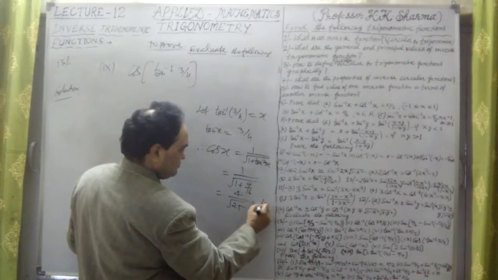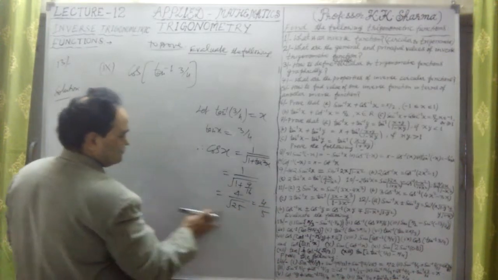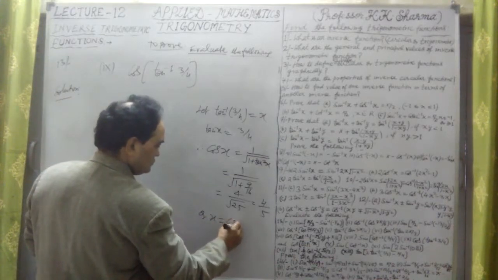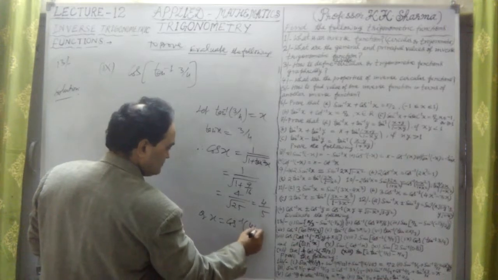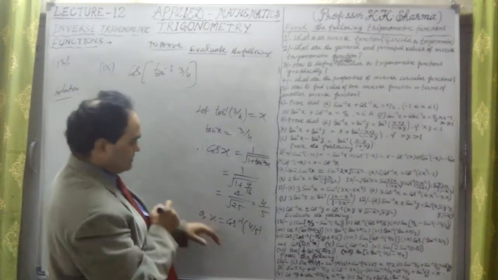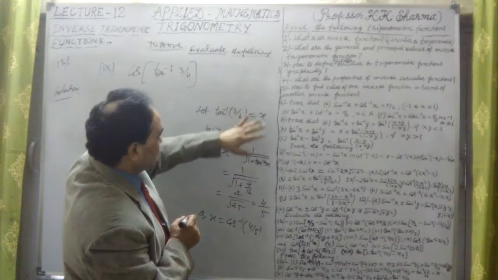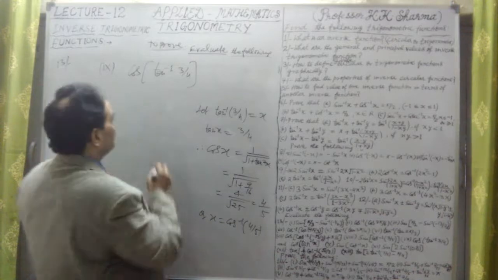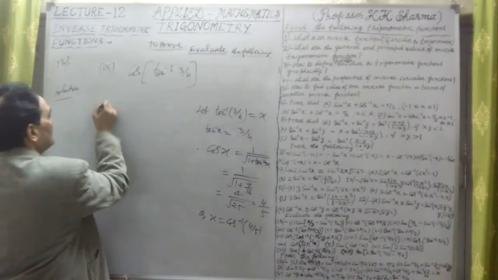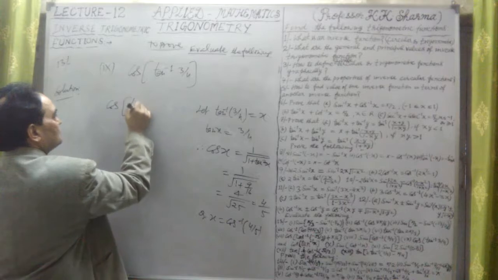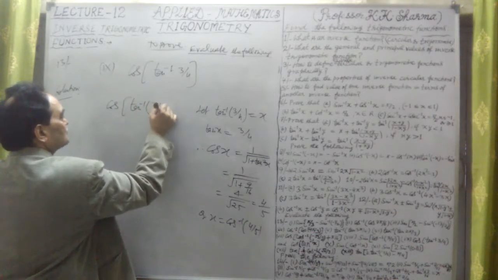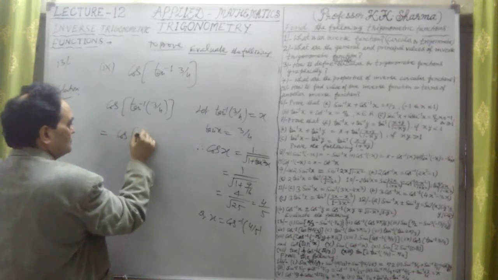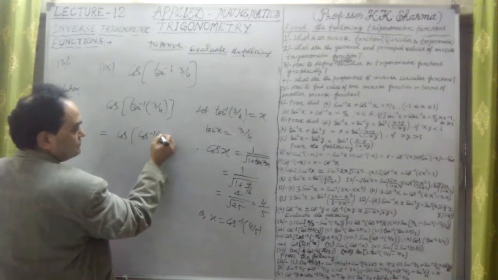It is nothing but 4 upon 5. 4 upon 5 is the cos x value, or x equal to cos inverse 4 by 5. Try to understand. In place of x, because tan inverse 3 by 4 we have taken as x, x in terms of cos inverse is this value. So cos of tan inverse 3 by 4, we could say, will give us cos inverse 4 by 5.